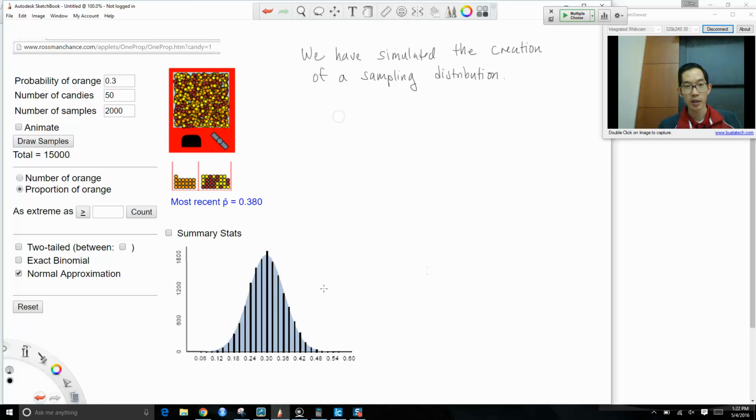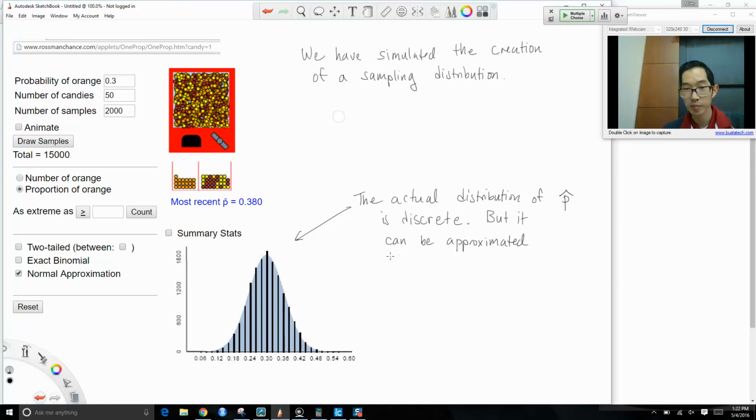And we see the actual distribution of p hat is discrete, but it can be approximated with the normal distribution. Okay.